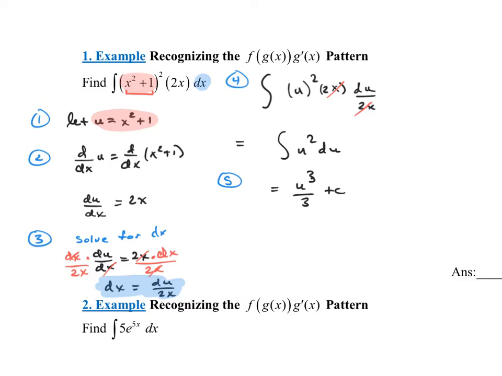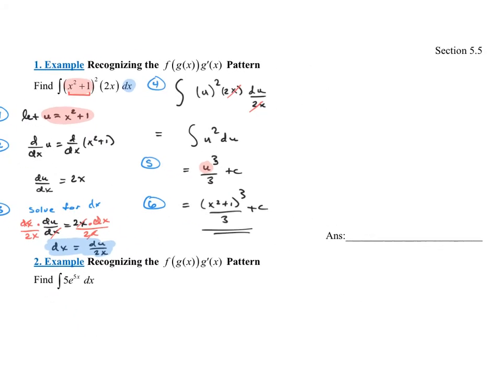We really don't need that till the end, but I'm going to write it because I remember it. Then you do step 6, which would be back substitute for u. We have to remember, what was u? Well, u was x squared plus 1. So this is equal to x squared plus 1 quantity cubed over 3 plus c. And that should be our final answer right there.